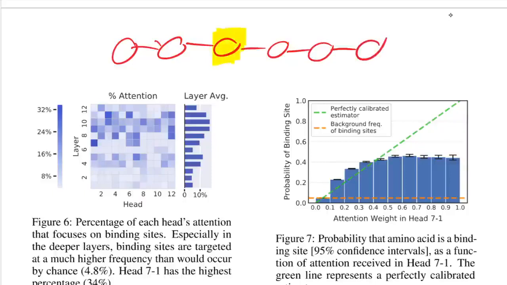If this here is a binding site, then that's a very central, important point of the protein. So a lot of these other things are going to be determined by what this binding site is. This binding site needs to have a very particular function, and therefore probably needs to be a very particular amino acid.